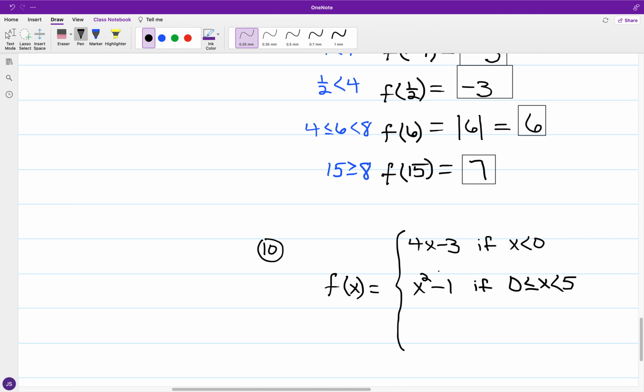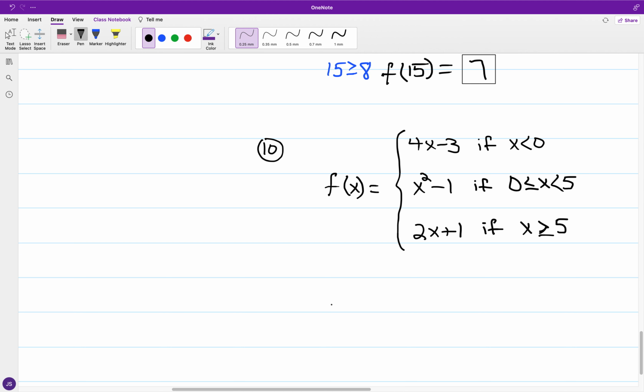And we have f of x is equal to 2x plus 1 if x is greater than or equal to 5.